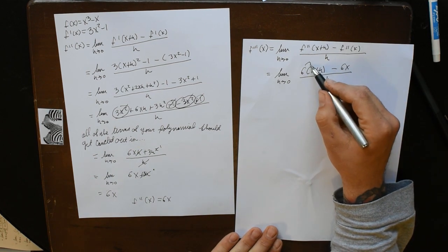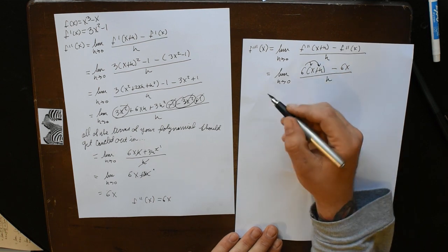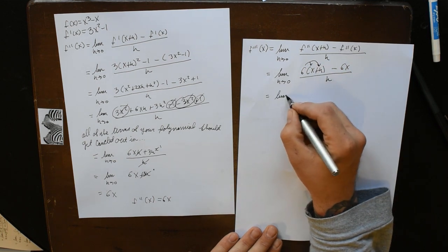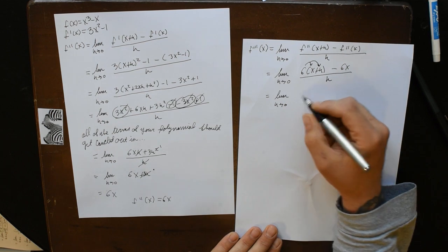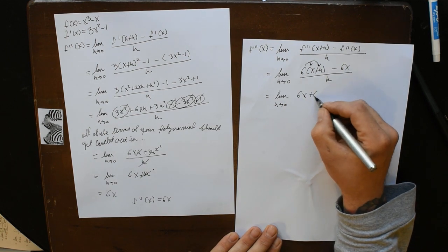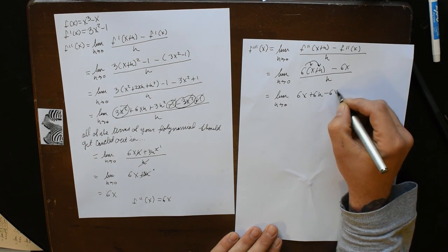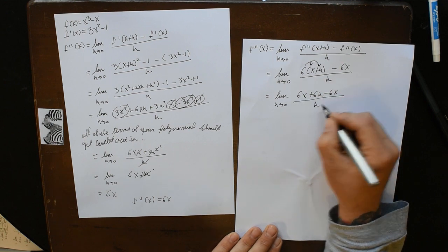We'll distribute. Equals the limit as h goes to 0 of 6x plus 6h minus 6x all over h.